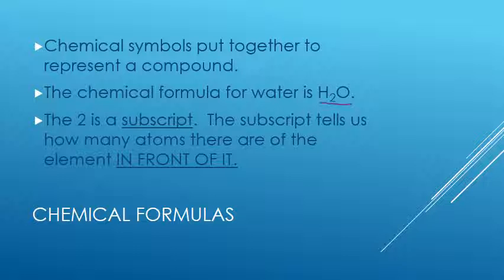That little 2 here is what we call a subscript, and that tells us that we have 2 atoms of the element in front of it. So these subscripts always go with the symbol in front of it, and in this case it's saying that we have 2 hydrogens.